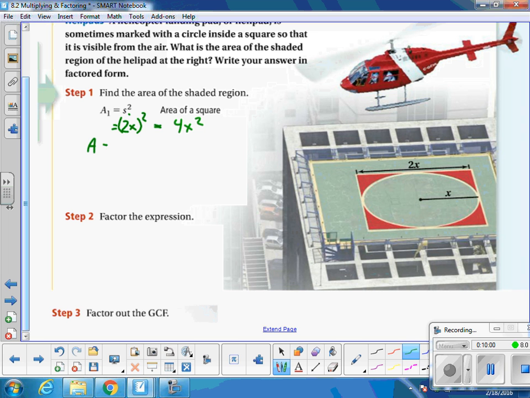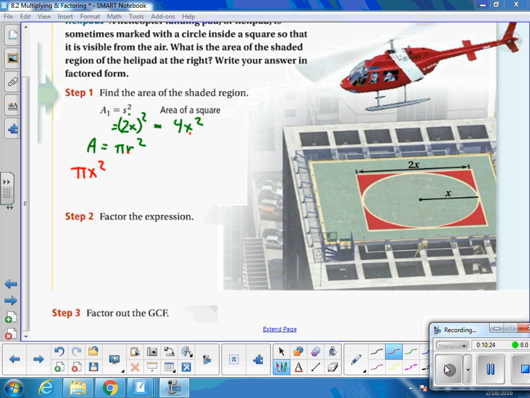My area of my circle on this one is pi r squared. But I'm going to substitute r for x because my radius is going to be x, so it's pi times x squared.